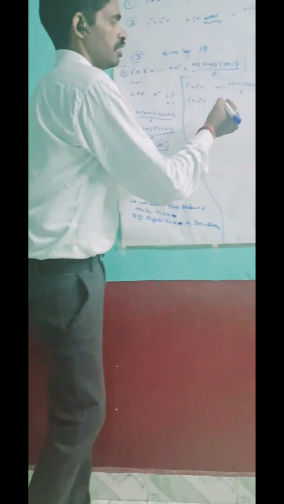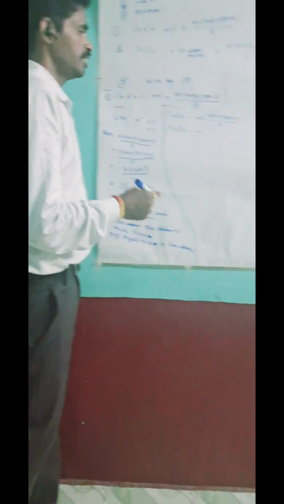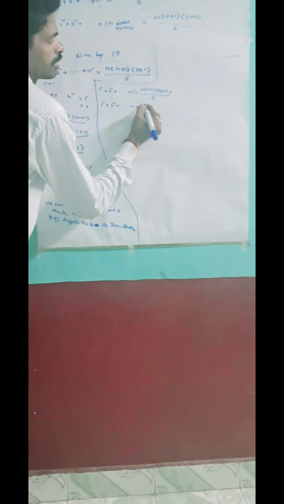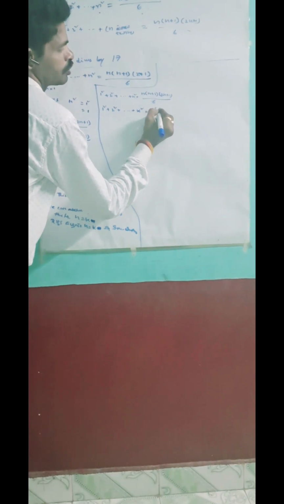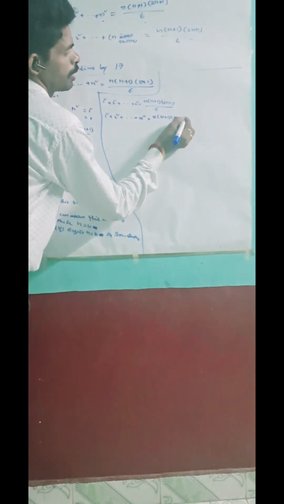So n place లో k అనేది సబ్స్టిట్యూట్ చేస్తాం. So that means 1 square plus 2 square plus so on plus k square is equal to k into k plus 1 into 2k plus 1 by 6. This is equation number 1.